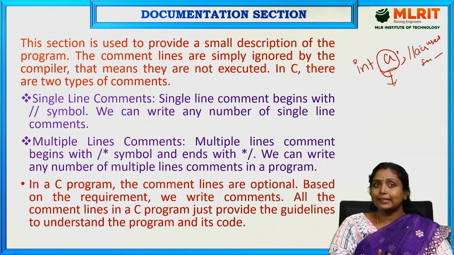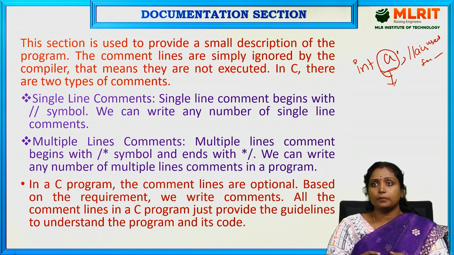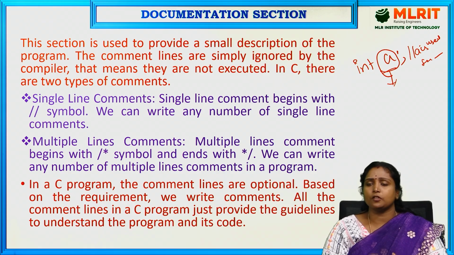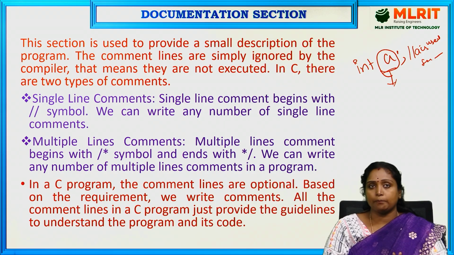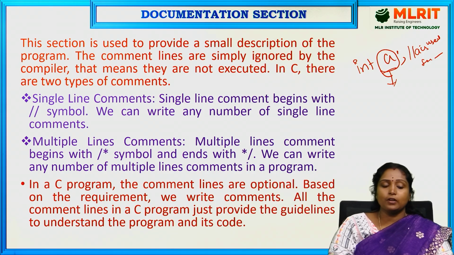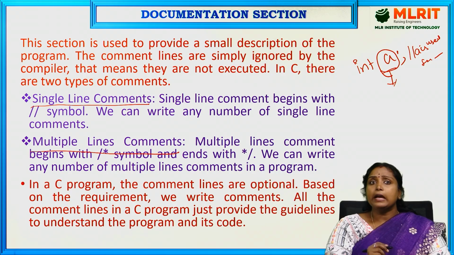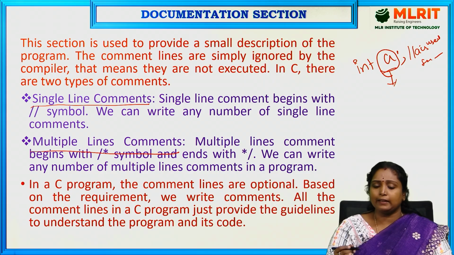So comments are used for writing a small description of a particular statement or program. In C, there are two types of comments: single line comments and multiple line comments. If your comment ends in a single line, you can use a single line comment.